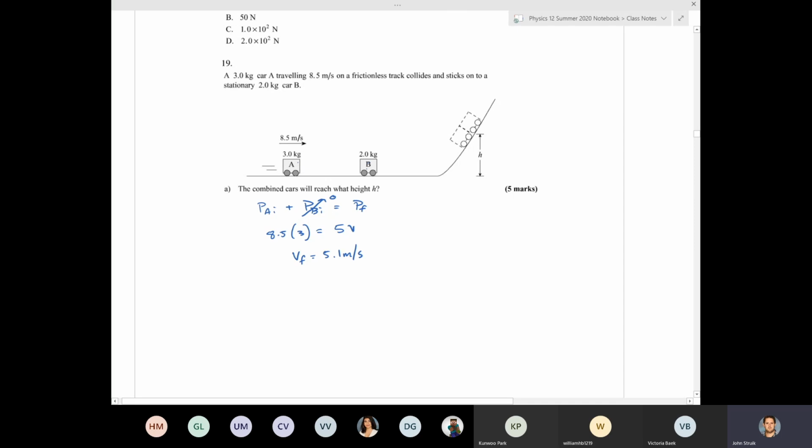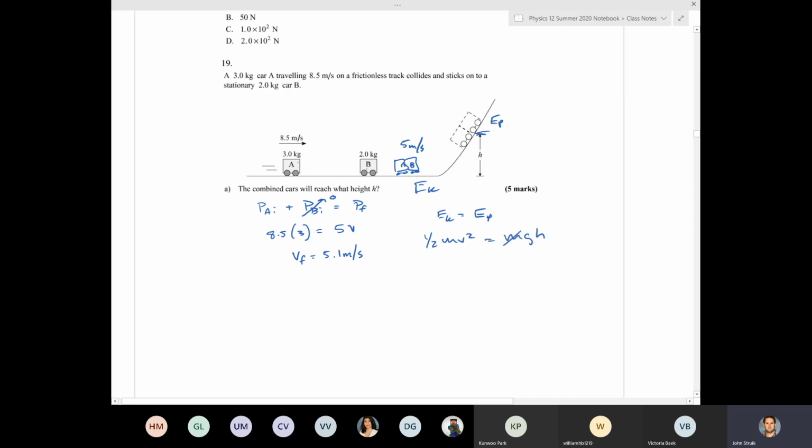Okay, so that means when they stick together here, A, B, they're moving at 5.1 meters per second after the collision. And so then you would say at the bottom of the hill, they have EK. At the top of the hill, when they reach their maximum height and stop, that's what it means when you reach your maximum height, they have EP. And so then the EK at the bottom of the hill will equal the EP at the top of the hill. So 1/2 mv squared equals mgh.